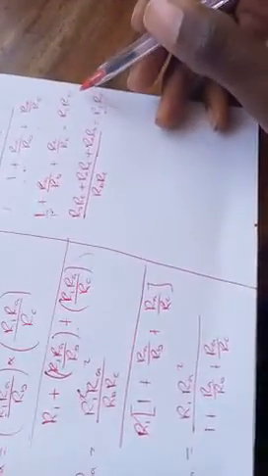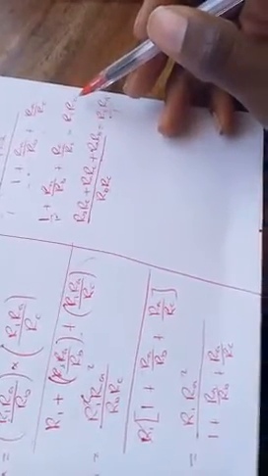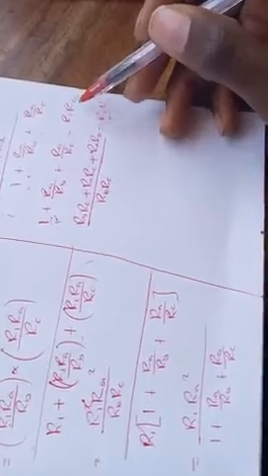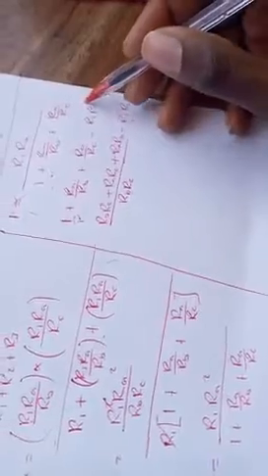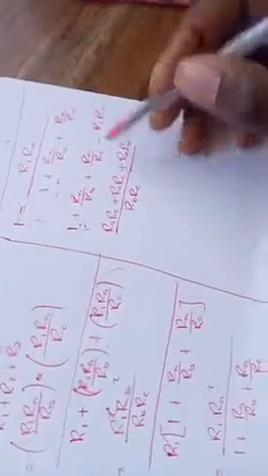Or we can multiply 1 over RA throughout.